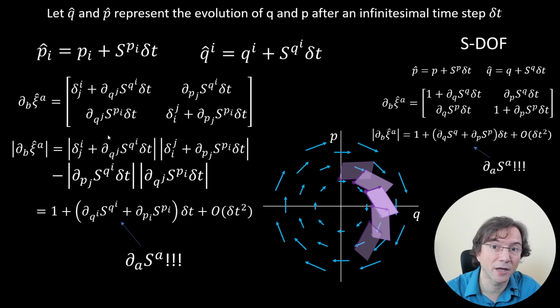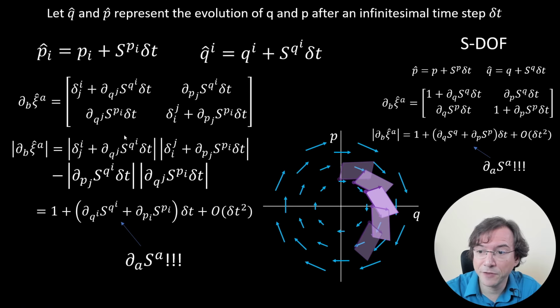Since it's a block matrix, it's going to be the determinant of this times the determinant of this minus the determinant of the two other terms. These are dt squared, so they are a negligible contribution, and the contribution that matters is the identity multiplied with the identity, the delta times delta, so that determinant is going to be 1.